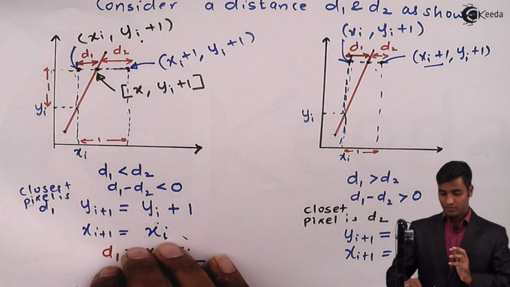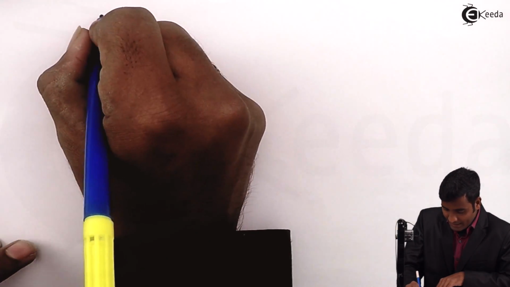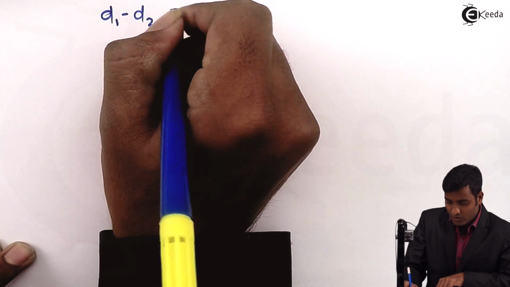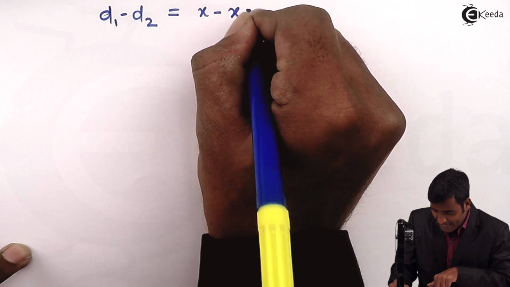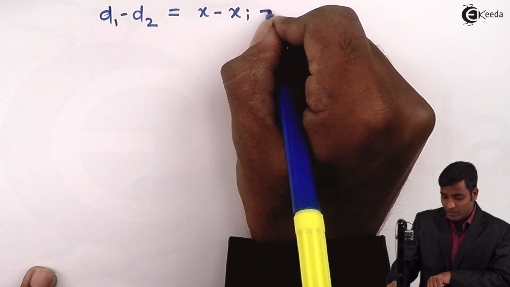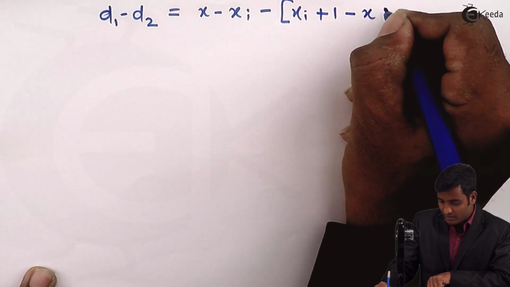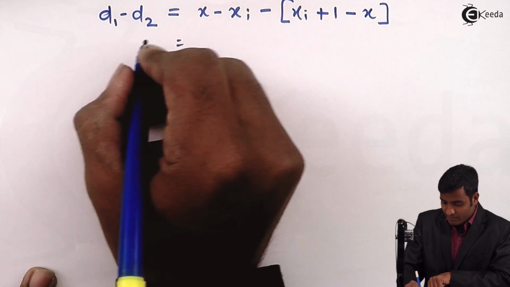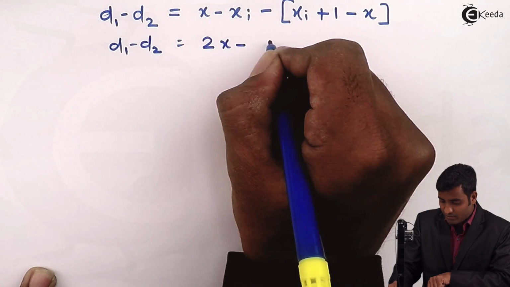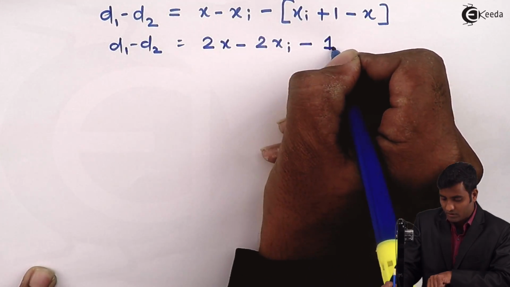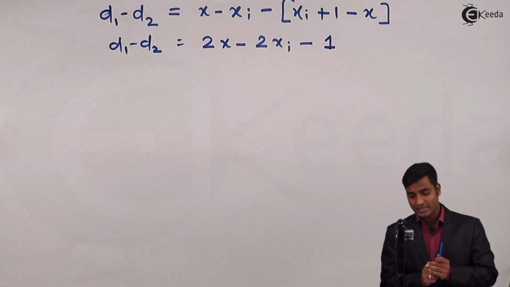So now I will write D1 minus D2. I know D1 as x minus xi and D2 as xi plus 1 minus x. After evaluating, I get D1 minus D2 as 2x minus 2xi minus 1.